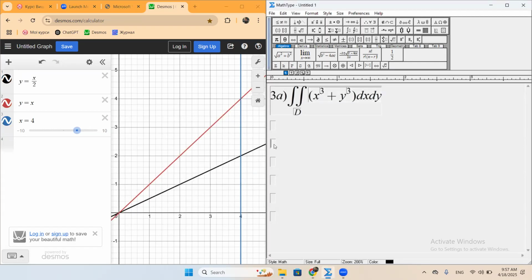So the limits of integration are quite easy. They're understandable from the graph. So x changes from 0 to 4, and y changes from x over 2 to x.